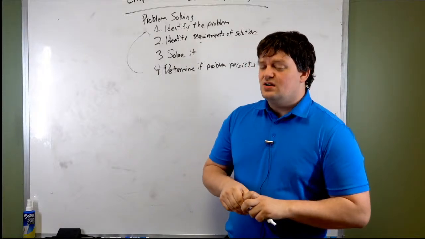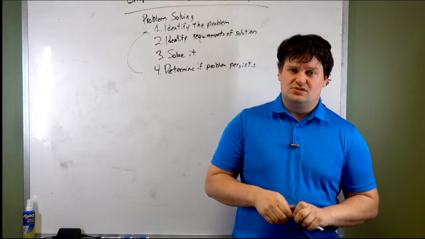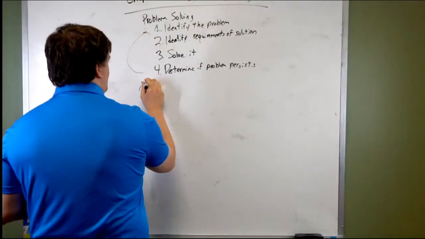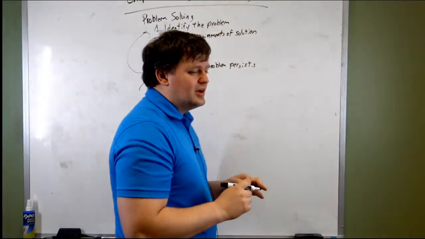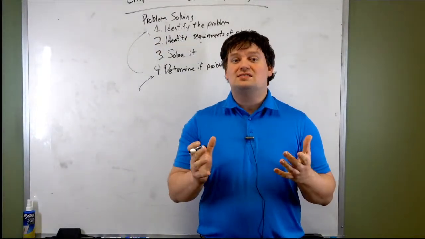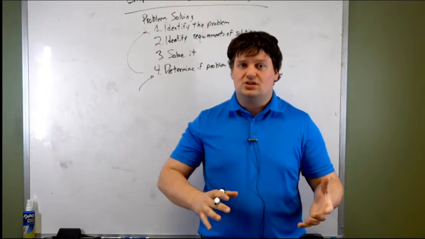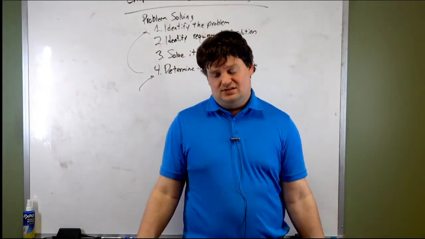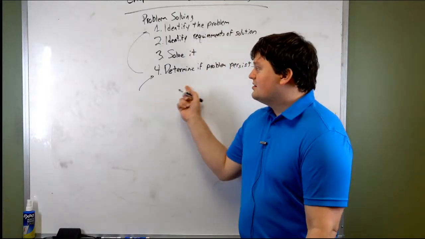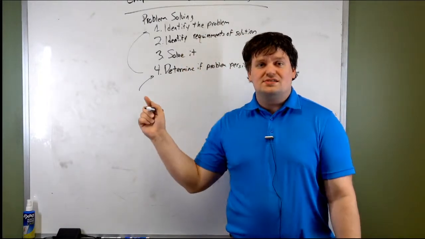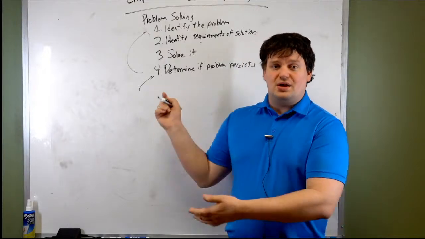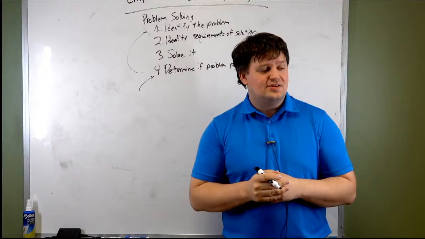And this is where the Pugh decision matrix comes into play, okay? Because it really helps us out with this fourth step, identifying whether or not the problem still remains and whether or not the problem is substantial enough, has anything gotten better as a result of our process. Not only that, but was our process itself worth making it better?